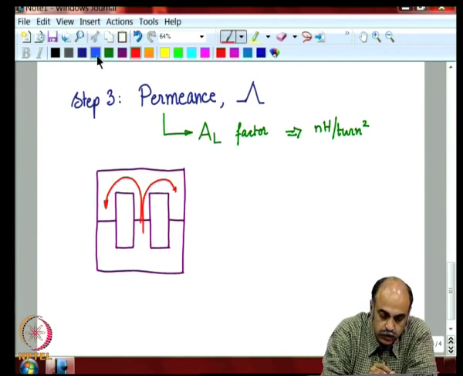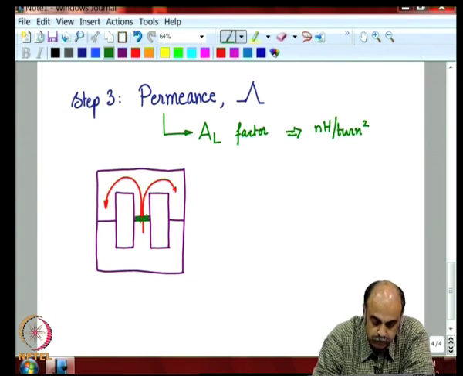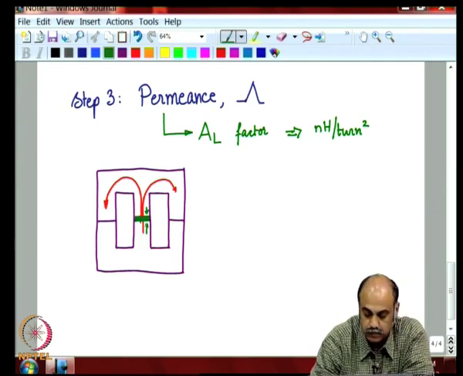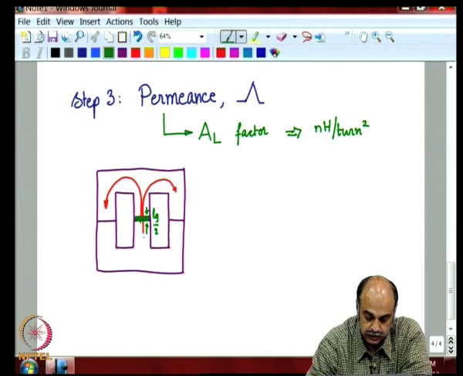Now, if you provide an air gap, let us say you insert paper of thickness Lg by 2, let us say of that thickness.